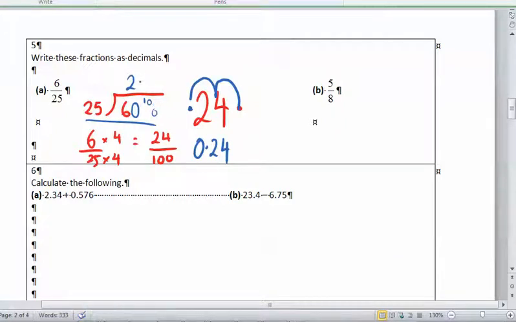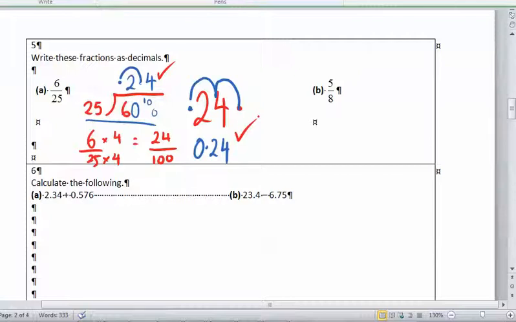Yeah, now that's where our decimal point goes. 2.4. Now, what do we have to do though? We've added that 0, so we have to go back one decimal place. 2.4 goes back to this, which is 0.24. You can see here that 0.24, 0.24, they're the same thing. How you come to that is up to you. I'm not going to force you to do it a certain way.